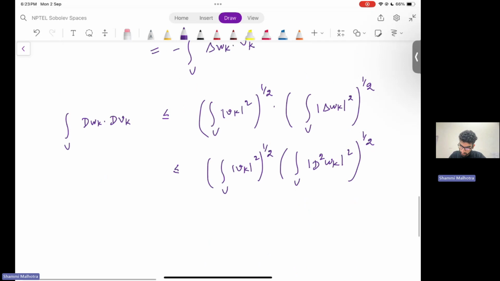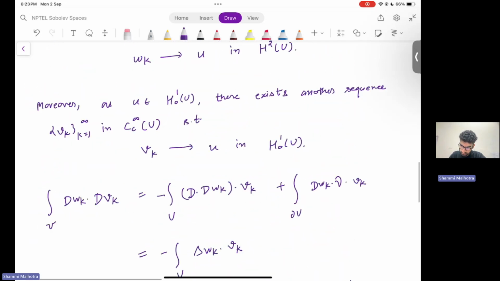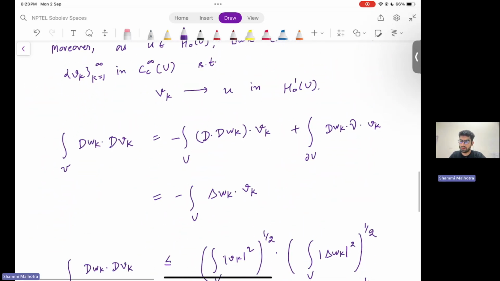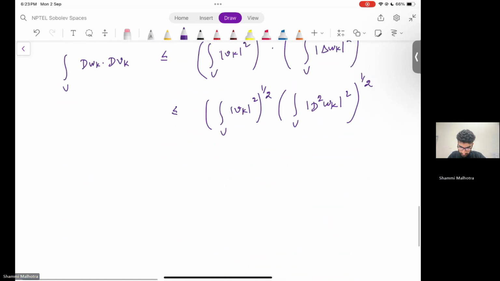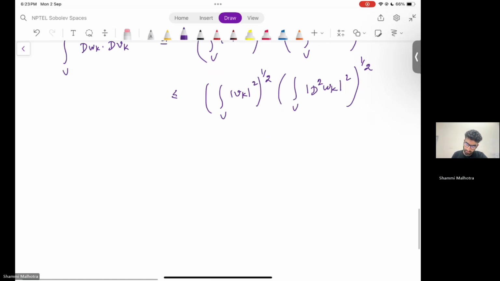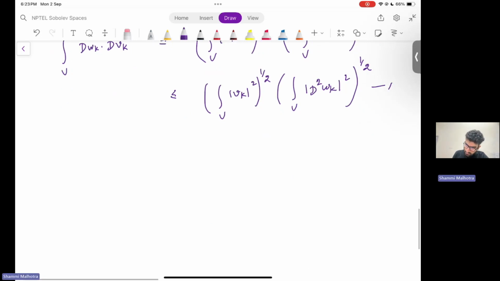Now what do we know? That v_k converges to u in H naught 1, so it converges in the H naught 1 norm. Consider the right hand side, let this be star.